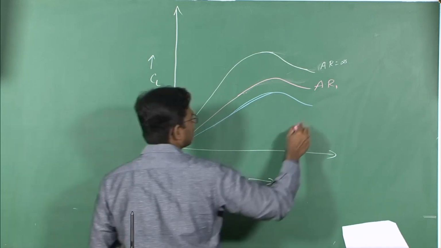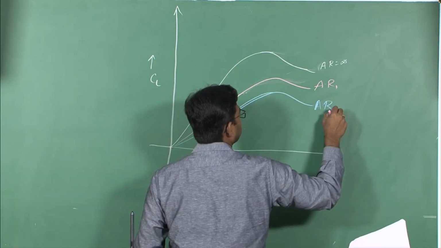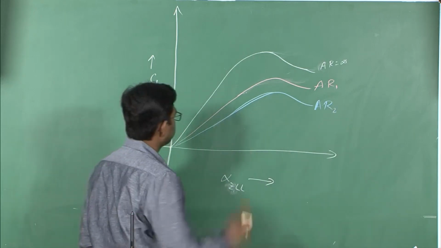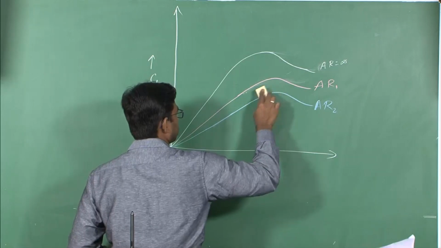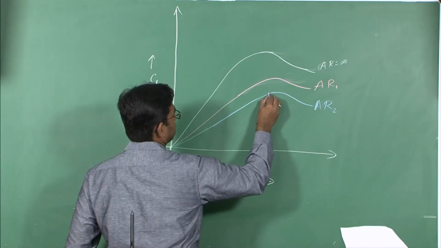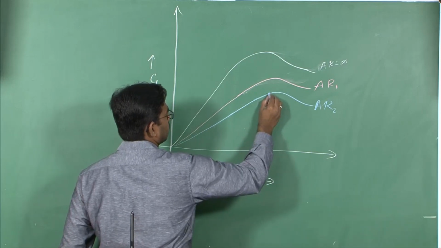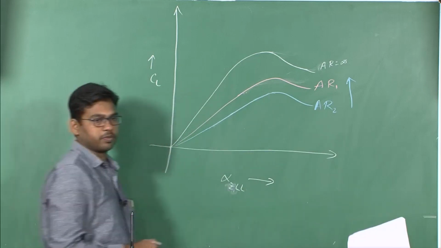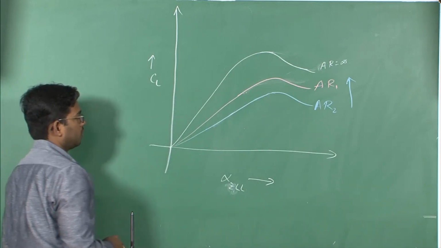So this represents the CL alpha curve for wing with aspect ratio AR2, right. Now say this is your increasing order of aspect ratio, okay.